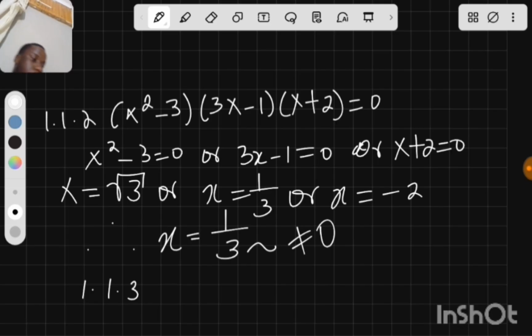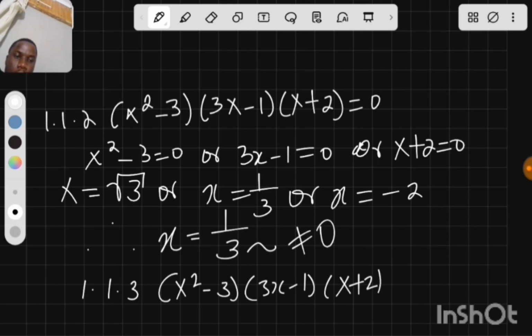1.1.3. They say solve for x if x is a real number. A real number includes a rational number, and the rational number and positive or negative number. So x squared minus 3 times 3x minus 1 times x plus 2 is equal to 0.